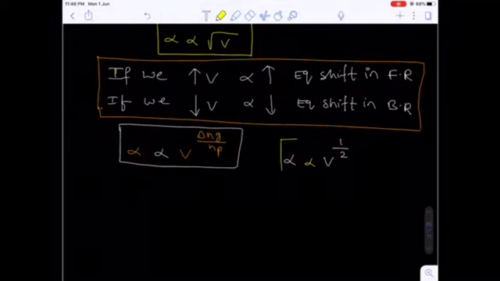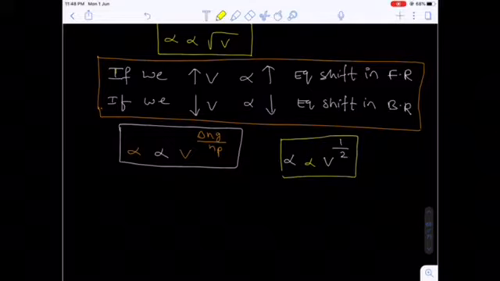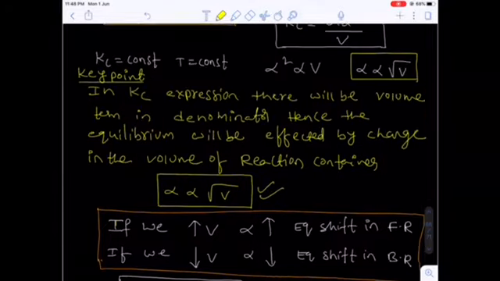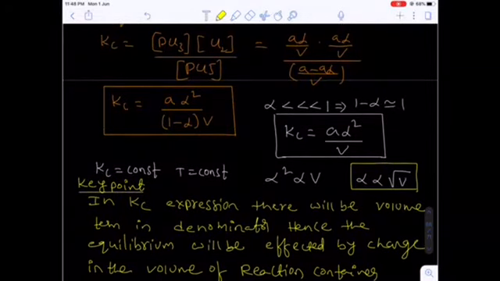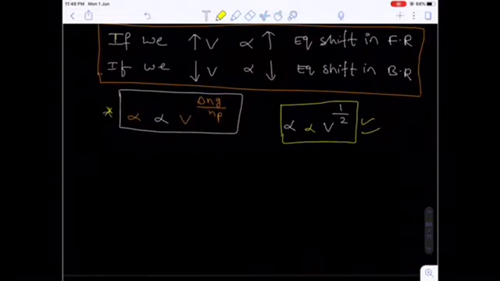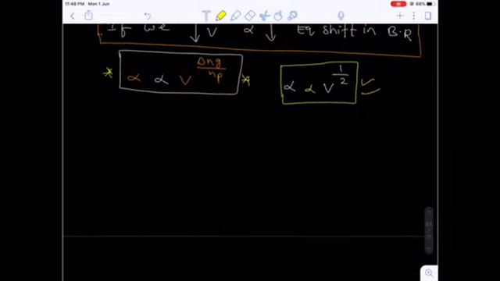So that means alpha is directly proportional to the square root of volume. With the help of this relation, we can directly predict the relation between alpha and volume of the system without deriving the Kc expression. Okay, this is very important.